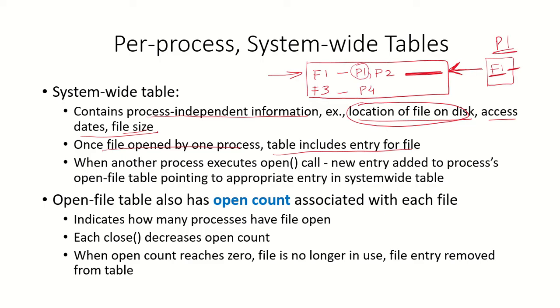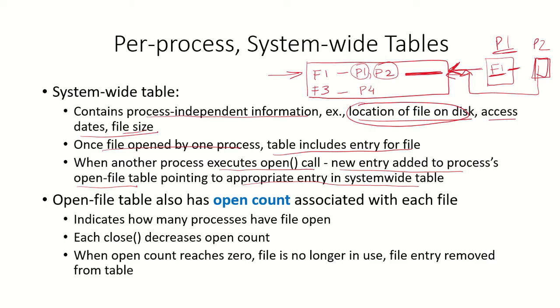When another process executes an open call, like if P2 also wants to open this file, its entry also comes over here. So this new entry will be added to the process's open file table and point to the appropriate entry in the system-wide table.